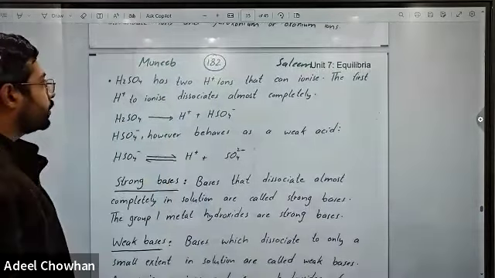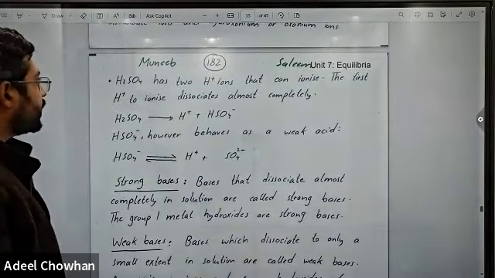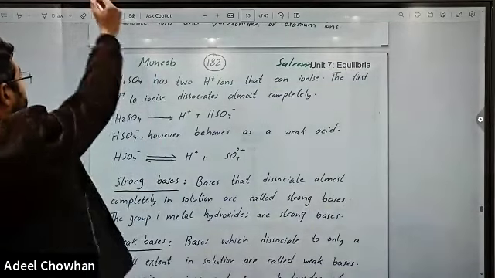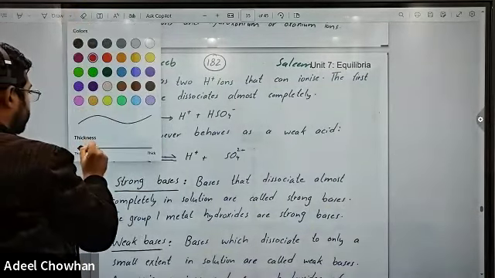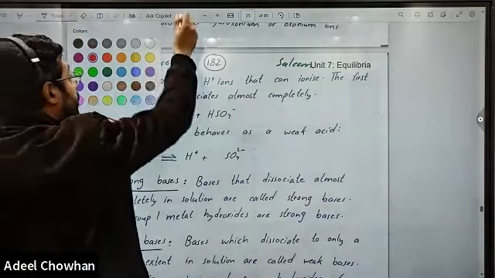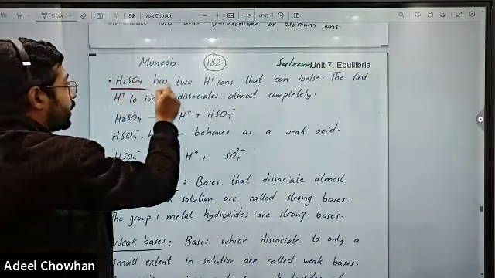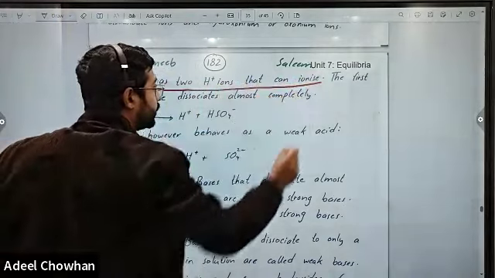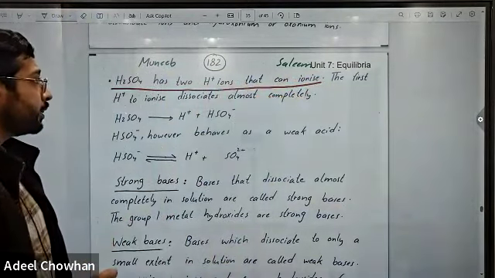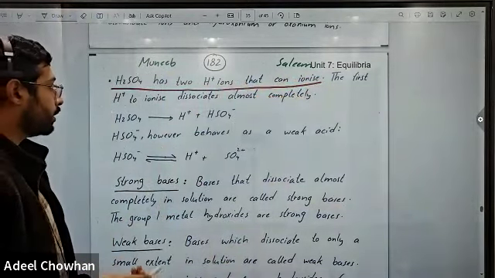Now, there is another example: sulfuric acid, represented by H2SO4. The sulfuric acid has two hydrogen ions that can ionize. The first hydrogen ion to ionize dissociates almost completely.